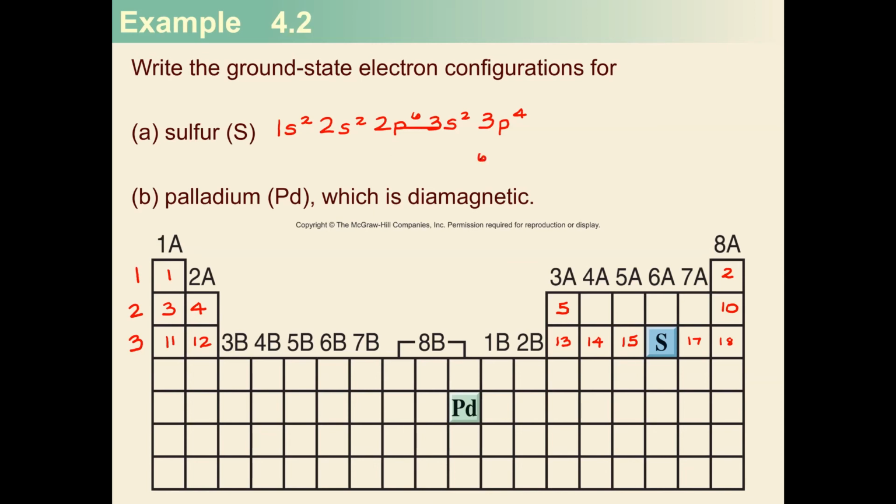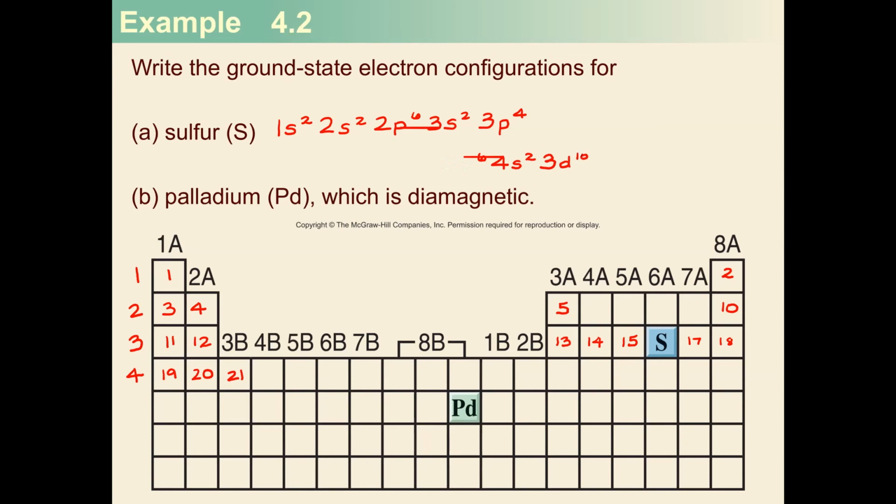So what can I do now? Well, notice I am in row 4. So that means that I need 4s2. That gets me electrons 19 and 20. But now electron 21 is in a new block. This is the transition metals, and I'm expected to put them in using the N-1 rule. So that becomes 3d10.